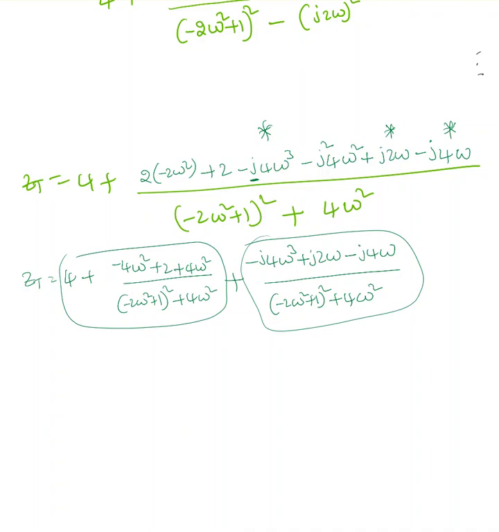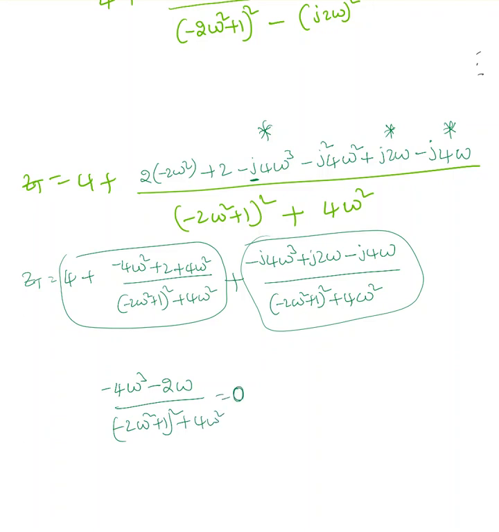Okay, if I pull the j outside, it will be minus 4 omega cubed plus 2 omega minus 4 omega, so plus 2 omega minus 4 omega is going to be minus 2 omega, over minus 2 omega squared plus 1 whole squared plus 4 omega squared.